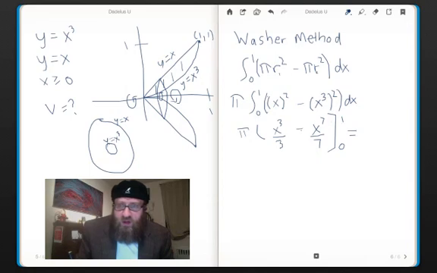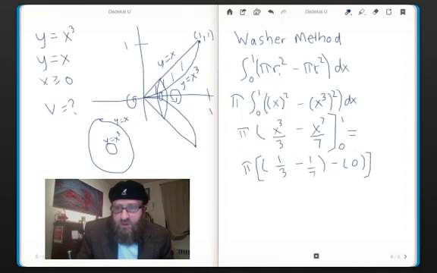We can plug in 1 easily enough, and we get 1/3, with our pi out front. Minus, when we plug 1 into x to the 7th over 7, we get 1/7. And of course this is all minus 0, because when we plug 0 in there, we just get a big fat 0. This would of course be bracketed with the pi still waiting for us out front.